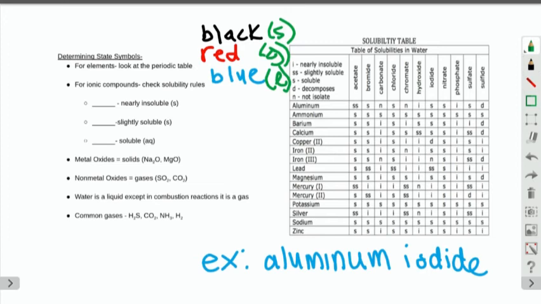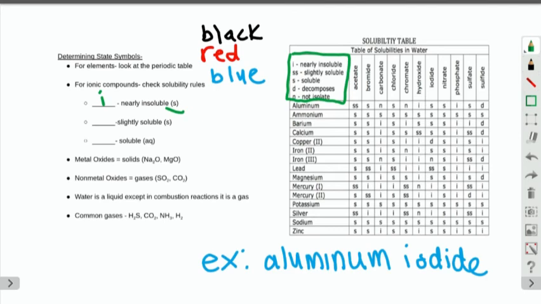So the other types of compounds you will need to be able to determine the state symbols of are ionic compounds, and you will have to check a table called the solubility table, and I will post this on Classroom also. It has some terms in this box that you will need to be able to use with the compounds. So when it says something is nearly soluble, or I, on this table, that means it will be a solid.